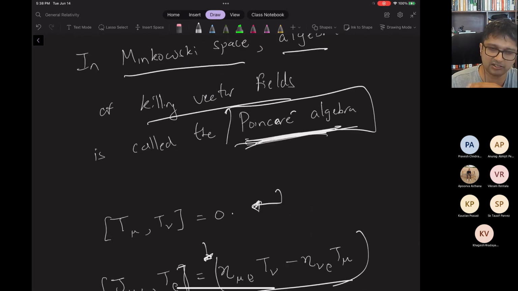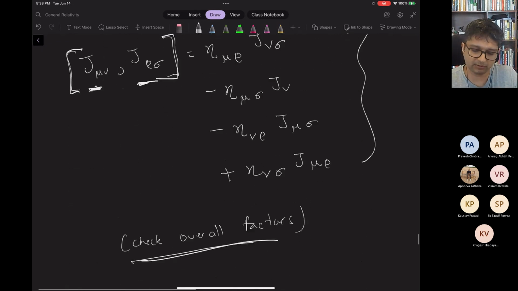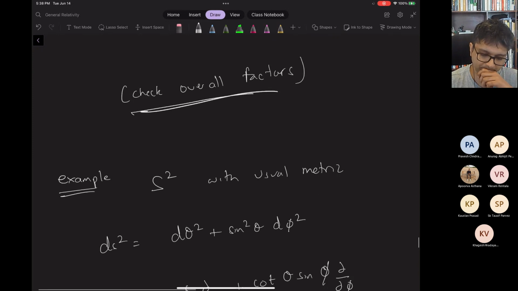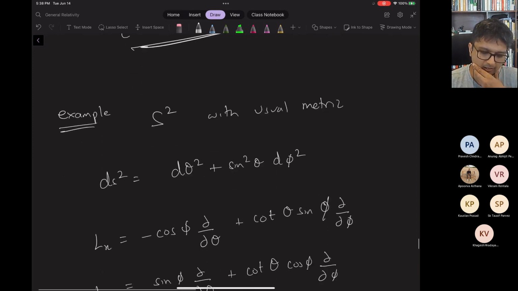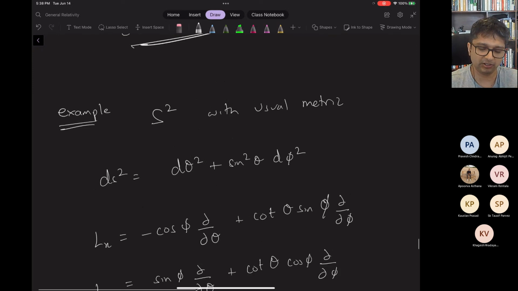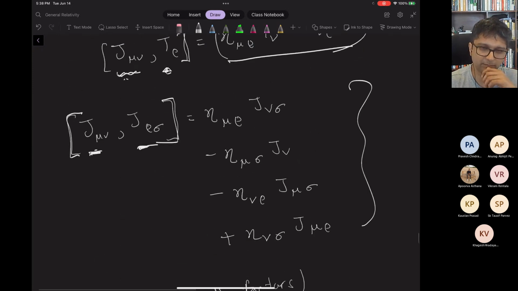The algebra of these 10 basis Killing vector fields defines the Poincare algebra. If you want to study this in more detail, we'll cover it in the group theory class, which will be offered next semester. Probably the only difference will be that in the group theory class, we won't build up this language of manifolds and so on. But certainly the Lie algebra of the Poincare group, or the Poincare algebra, will be discussed.